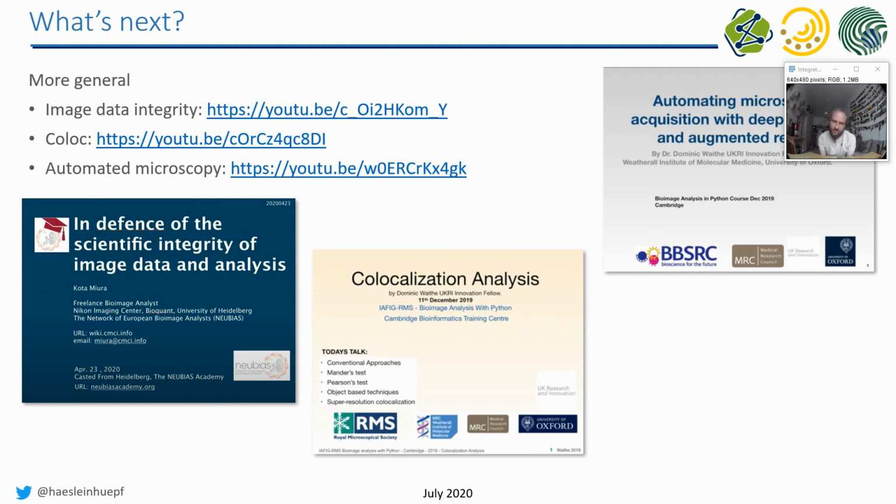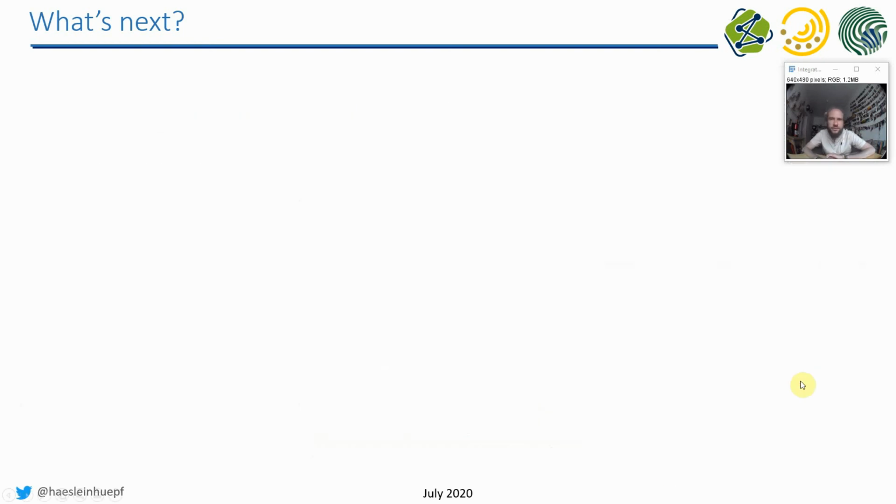He has a very cool overview of how we should deal with image analysis in general in order to be reproducible, quantitative, trustworthy, and so on. So check out the video from Kota.